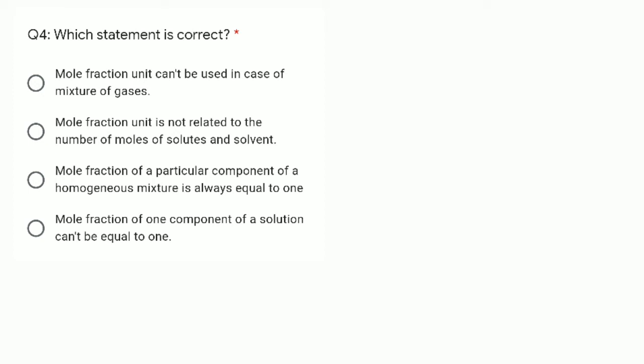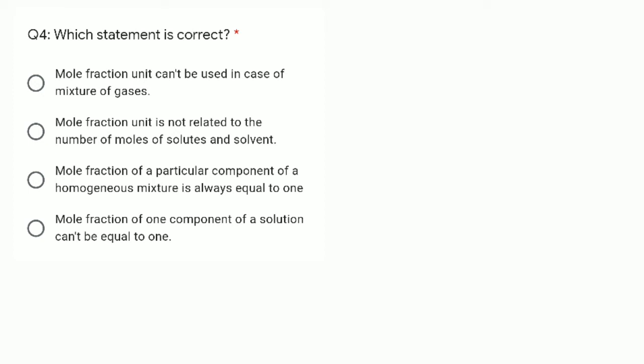Third option is what? The mole fraction of a particular component of a homogeneous mixture is always equal to 1. No, it is also not correct, because we know that the total mole fraction of a solution is equal to 1, not a particular component. Okay, so this is also not correct. Fourth option is what?